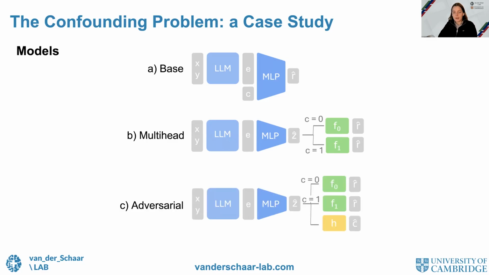And finally, inspired by prior works on causality, I also came up with an adversarial model, which extends the multi-head model with a third decoder, whose goal was to infer the objective C from the latent representation Z. And this introduced adversarial training objective encourages the latent encoder to discard any spurious information encoded in the prompts, while trying to retain all causally relevant features to the outcome.